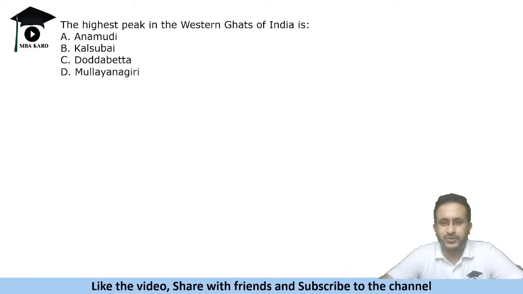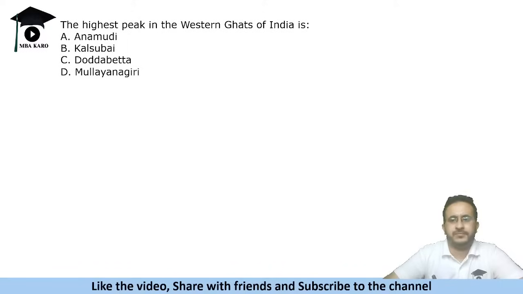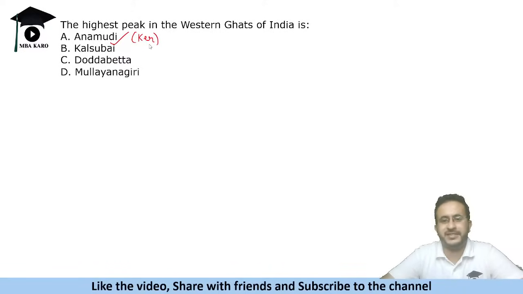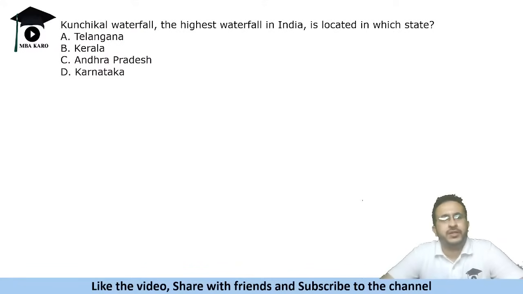Okay, so you know the height also, great. Yes, that is Anamudi in Kerala. But heights, CMAT has asked such questions, statistic based. Okay, good to know that many people knew the answer to this question.